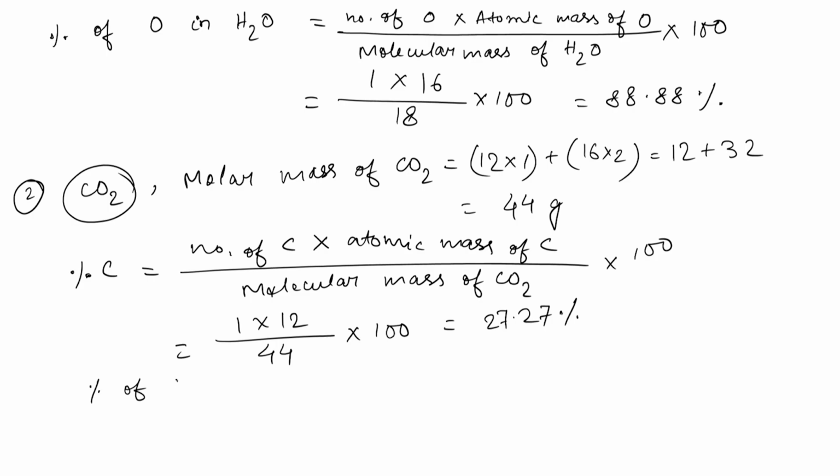Then the percentage of oxygen will be equal to the number of oxygen, that is 2, into the atomic mass of oxygen, which is 16, divided by the molecular mass of carbon dioxide, which is 44. This comes as 72.73%.